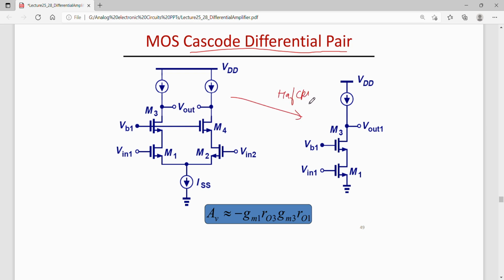Okay. And the half circuit here represents an NMOS cascode. Okay. So for this NMOS cascode, the gain is already calculated by us in our previous lectures. Considering lambda not equal to 0, the gain of this cascode is minus GM1 RO3 GM3 RO1.